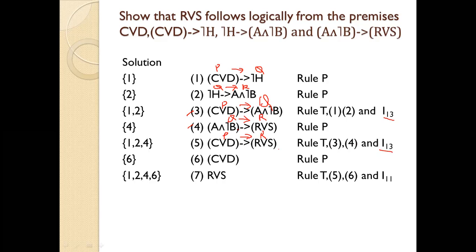So identity 13 again says that P implies Q, Q implies R gives you P implies R. So this whole thing is P, and this whole thing is R. So we have written this.